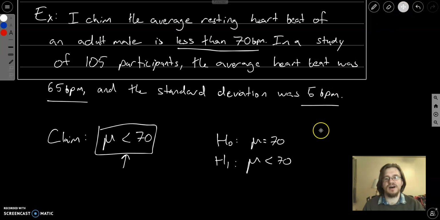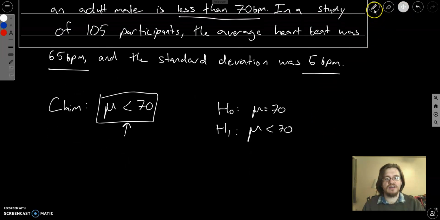So far, so good. Next, I need to determine my significance level, and this can be anything that we want. It doesn't specify in the question, so I'll use the standard significance level of 0.05.